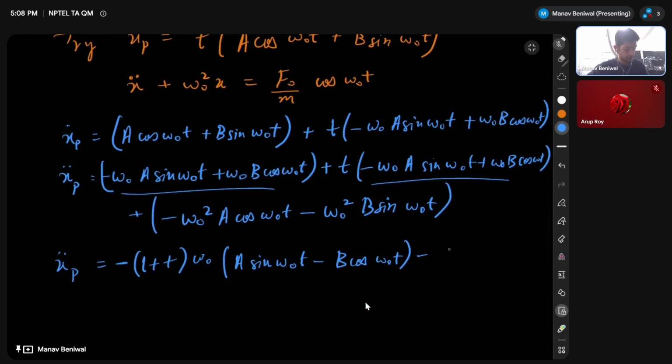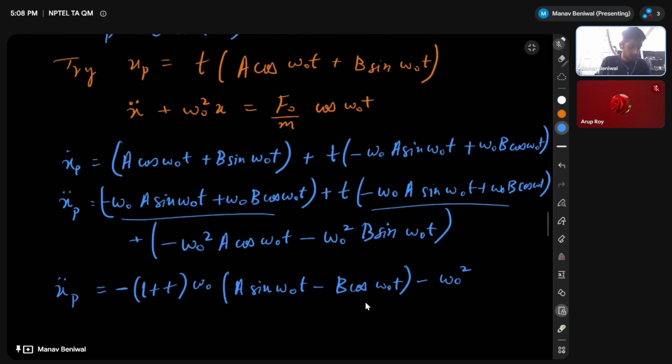Then we also have minus omega naught squared times a cos omega naught t plus b sine omega naught t, which is just xp over t.